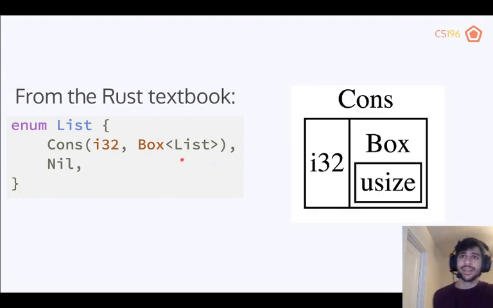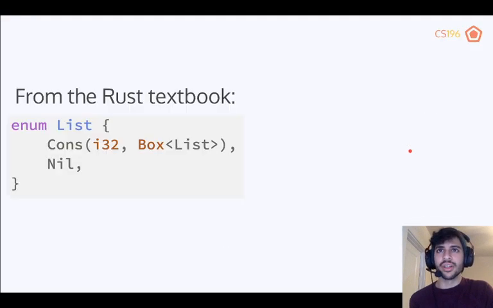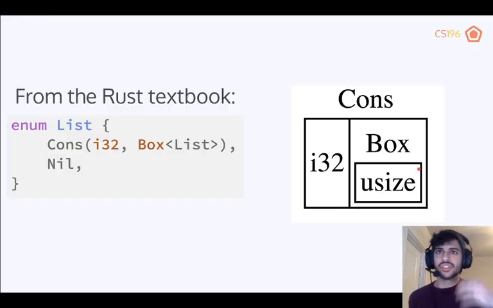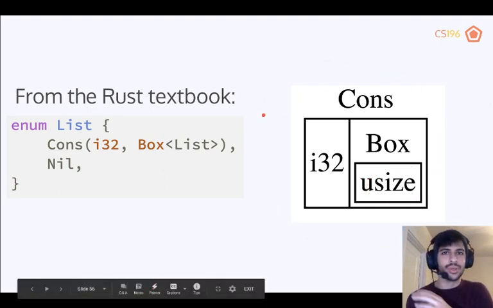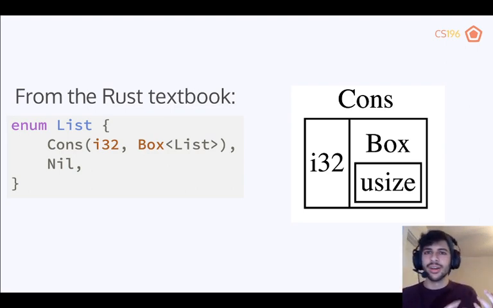And so now, rather than going crazy and recursing infinitely, what we'll have here is just the size of the cons list node. We know exactly what it is because pointers are of fixed size. And this is true because a pointer doesn't change size depending on what it's pointing to. Like you can point towards the White House and you can point towards a barn and the size of the pointer will stay the same.